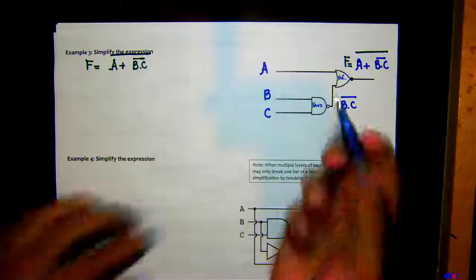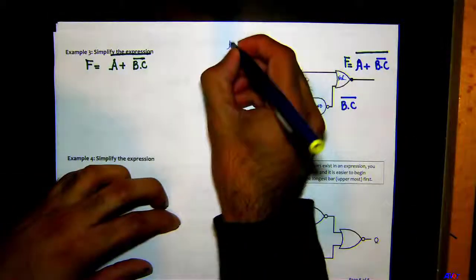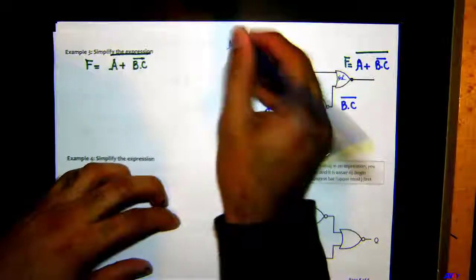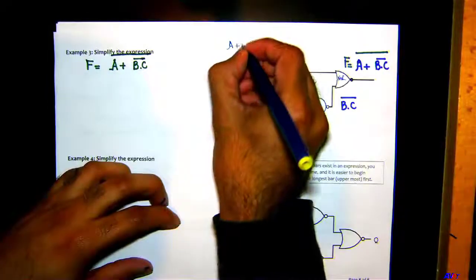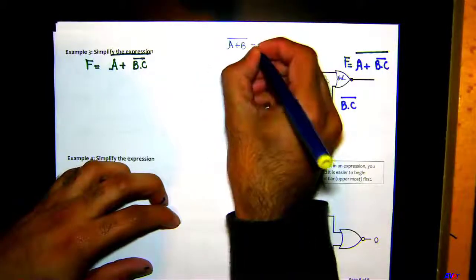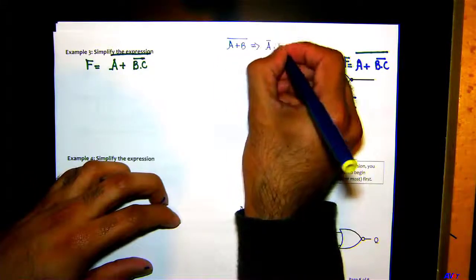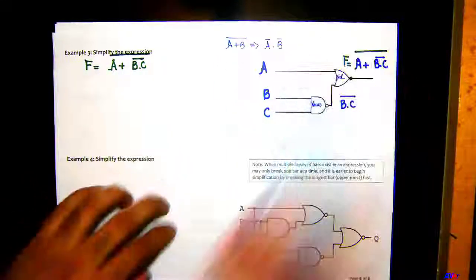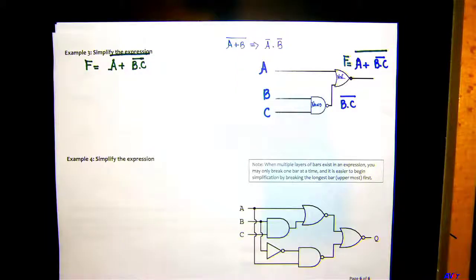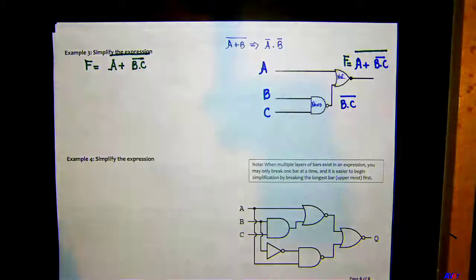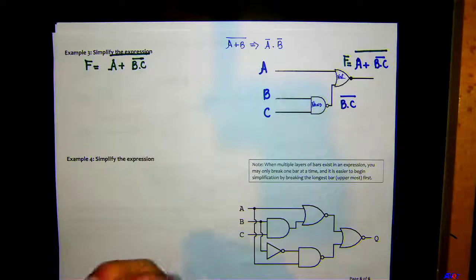Also let me rewrite the DeMorgan's law here, which says A plus B, bar on the whole thing, is equivalent to A bar dot B bar. When you have a bar on the whole thing, you can actually break it using DeMorgan's law. And again, I like to make it simple and easier for students, so I break it down.